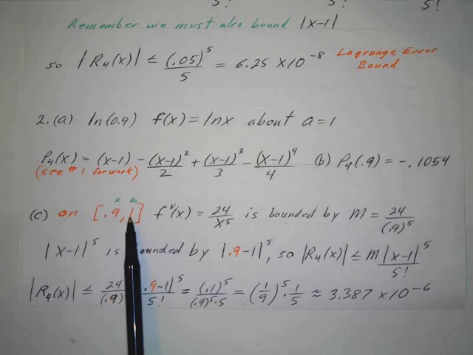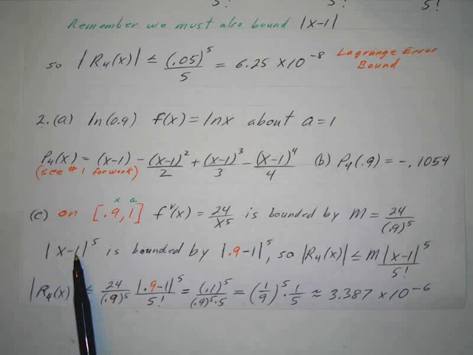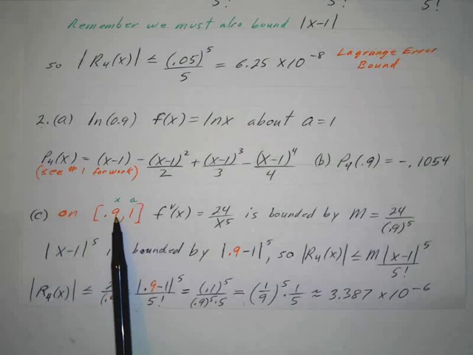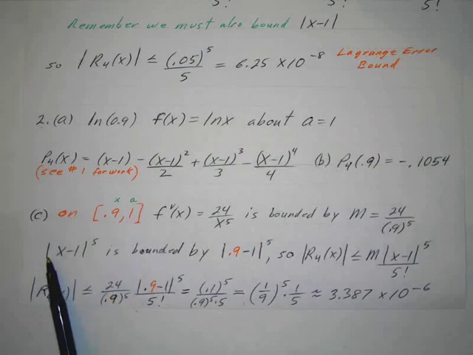Okay, and I think again you can see at 1, you can just try it. You put the endpoints in, you get a good idea. If I put 1 in here, 1 minus 1 is 0. If I put 0.9 in there, even though I get a negative, I'm not worried about the sign because it's the absolute value. I get 0.1, and the 0.1 is bigger than 0. So in this case, we want x to be the smallest it can be to make this difference the largest it can be.